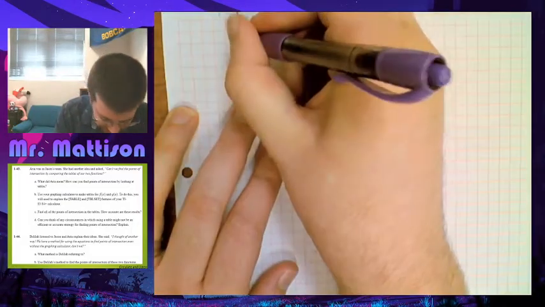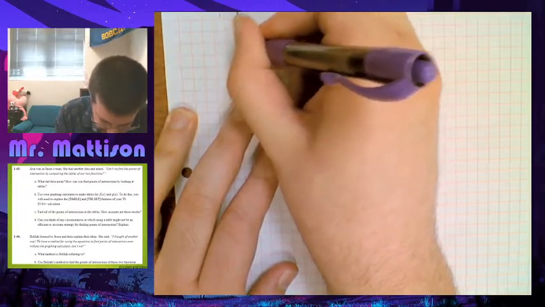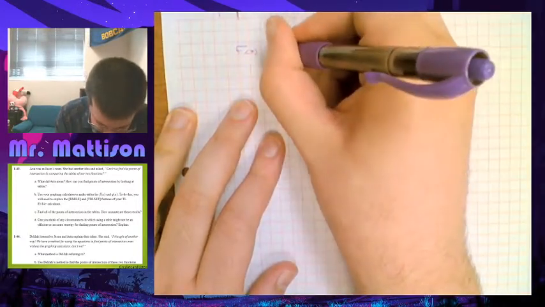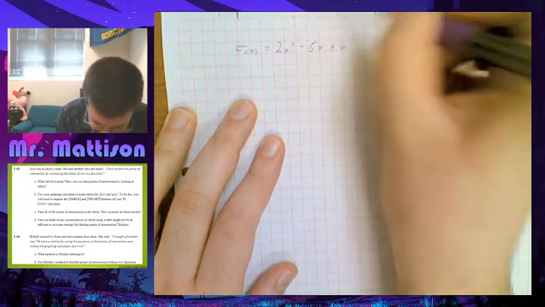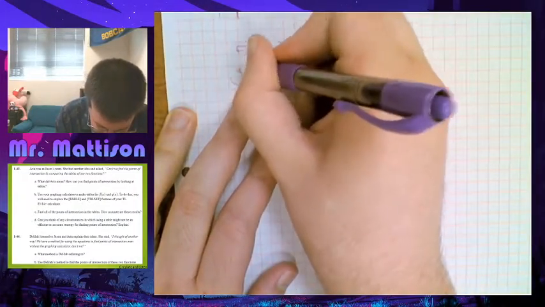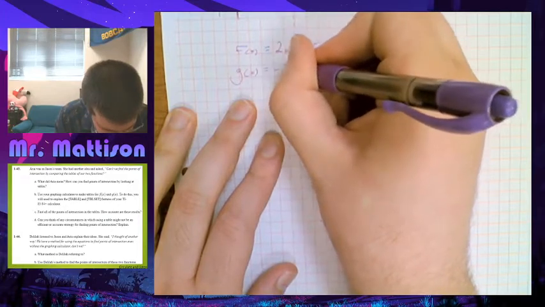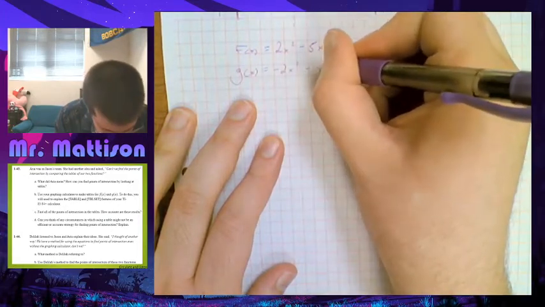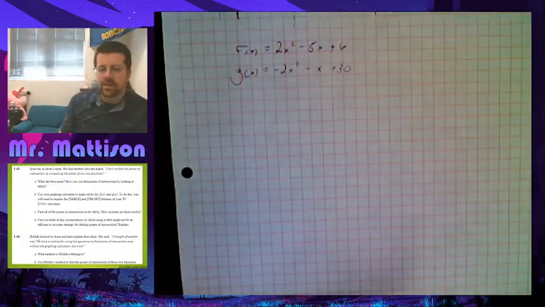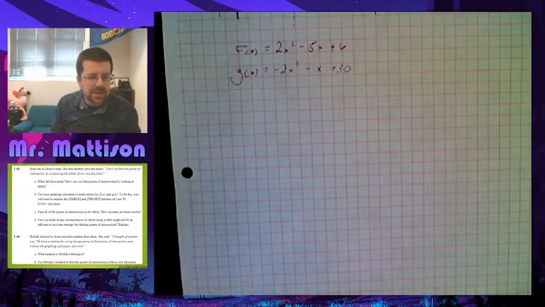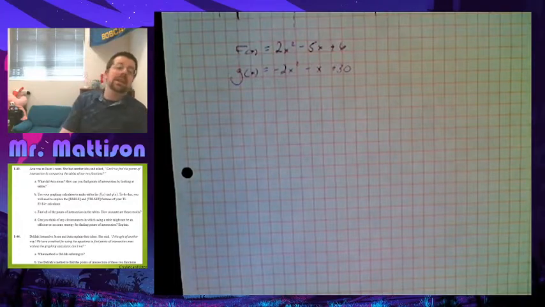So my equations are f of x is 2x squared minus 5x plus 6, and then my g of x is -2x squared minus x plus 30. So we can think of f and g as being y's in a sense, so we can actually do some substitution here.